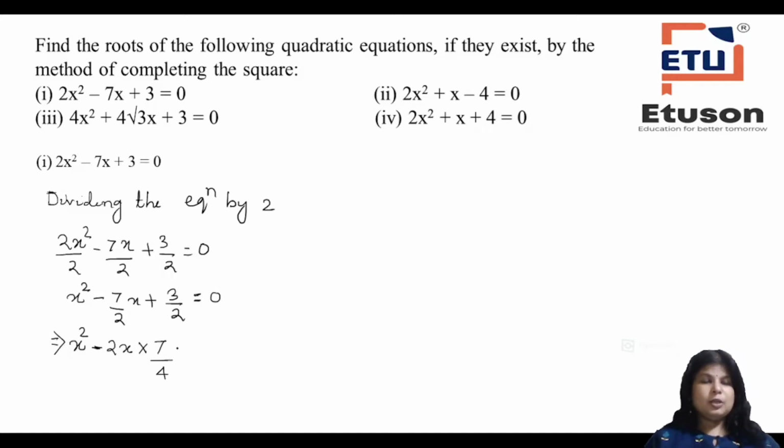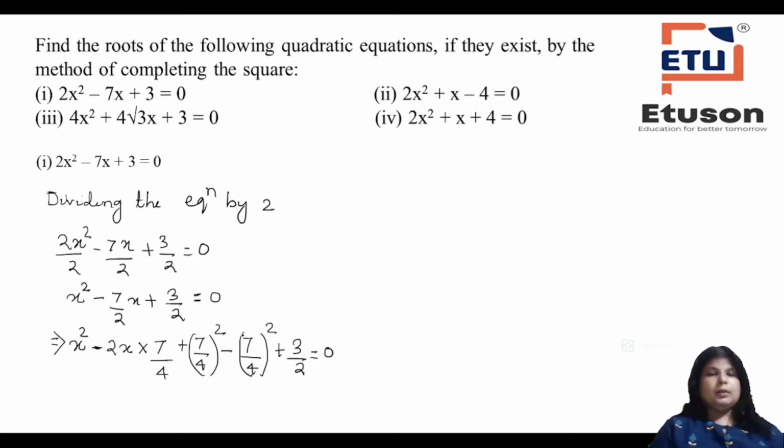Then in order to bring that b square term, I will add this 7 by 4 whole square. Then I need to subtract it also, because we have added one extra term here. That is what we do in the method of completing the square, correct? So 7 by 4 whole square plus 3 by 2 is equal to 0, correct?